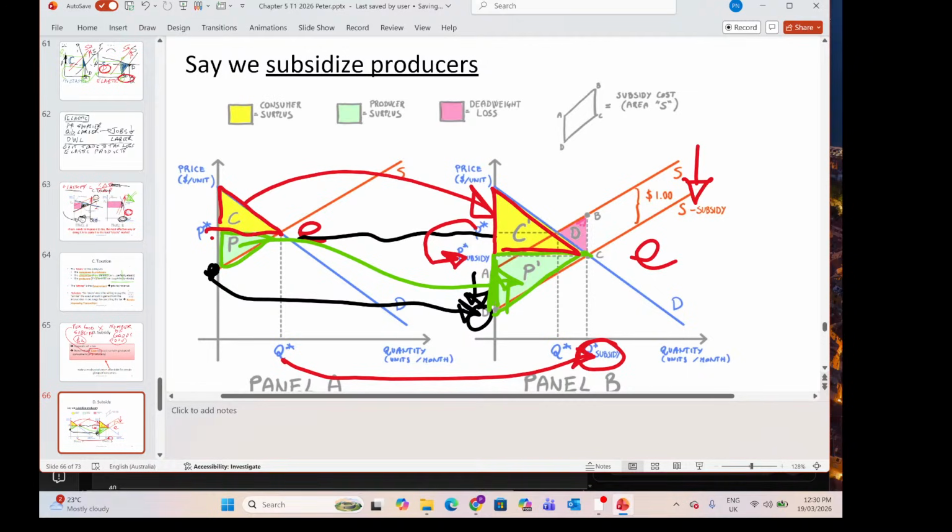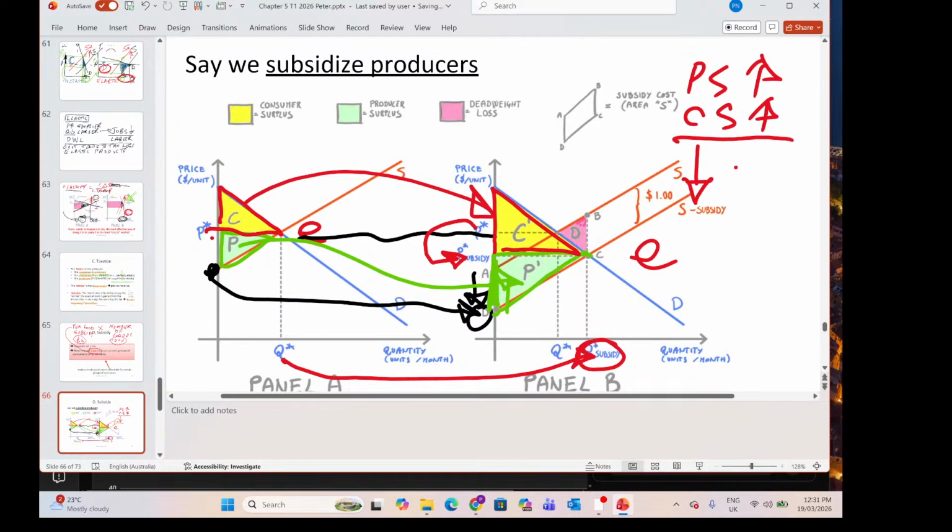If we think about what we've just drawn, on the right-hand side the producer surplus has gone up. The consumer surplus has gone up. So everyone's a winner here.